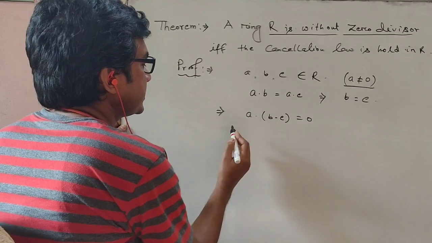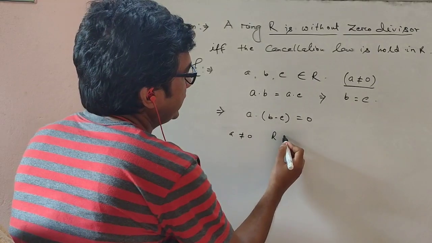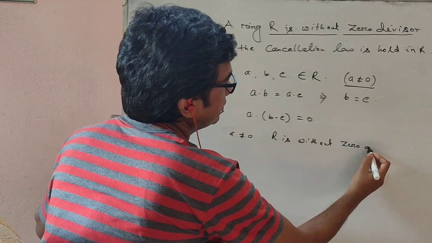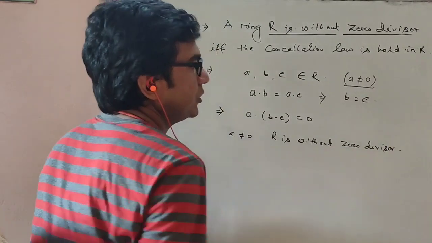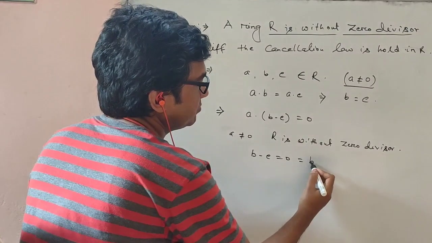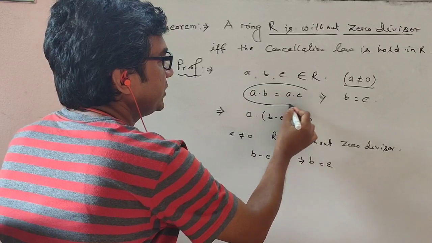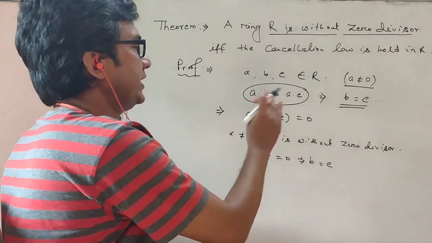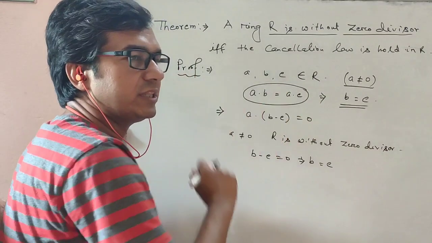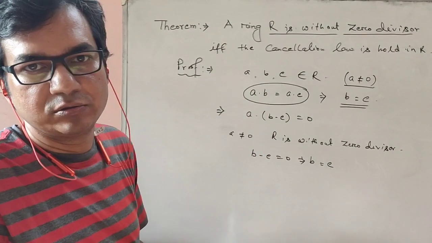Now since A not equal to 0 and R is without 0 divisor, we must have B minus C equal to 0, that is B equals C. So in a ring the left cancellation law holds.